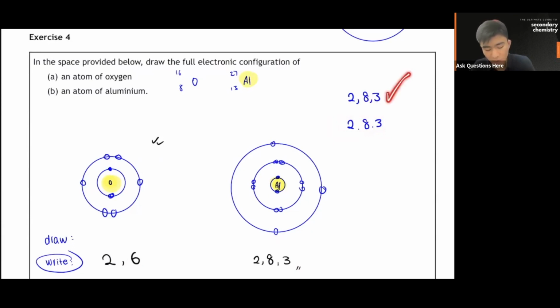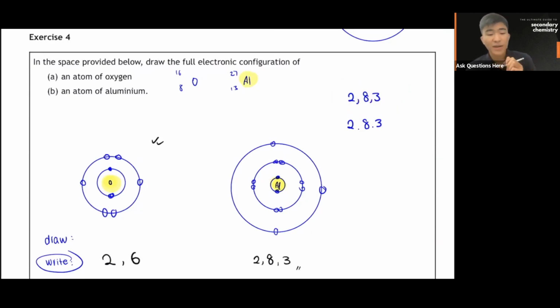So no worries, but the comma should be the preferred option. It's very clear that the first shell got 2, the second got 8, the third got 3. It's just a notation difference.